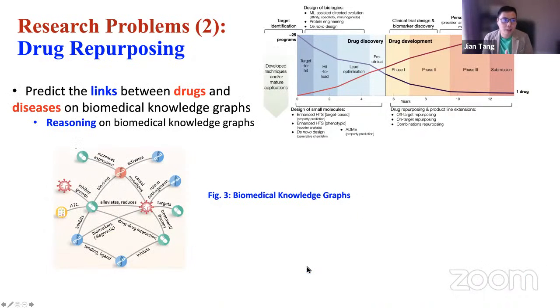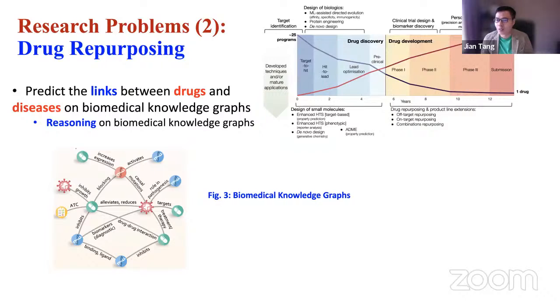And the second type of research problem we want to work on using geometric deep learning is drug repurposing. So instead of discovering totally new drugs, another way to find a disease treatment is called drug repurposing. So basically, given a new disease, we want to see which existing approved drugs could be used to treat the new disease.